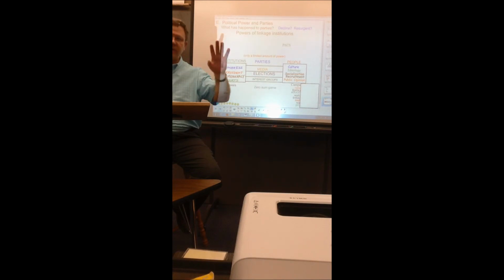And the same thing if the Democratic Party were moving more to the right. When you move to the middle of the spectrum, that's where parties get most of the voters. So in other words, to sum up box 5, party influence has decreased dramatically, and parties really don't have as much power now as they did 50 years ago because of all the other linkage institutions.